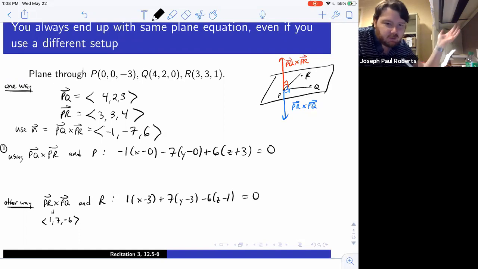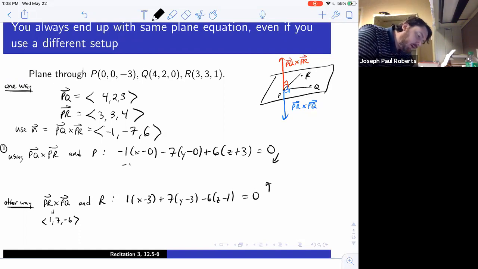And so now you're probably like, what's going on, Joe? You said it's the same equation. Well, it is, but it's just written a little bit differently, because let's do this multiplication. If I do everything out, this will be minus x minus 7y plus 6z. And then my constants, I'll have a plus 18 on the right-hand side. So if I move that over, that's going to be minus 18 on the other side. And then if I do the same kind of thing here, I get x plus 7y minus 6z.